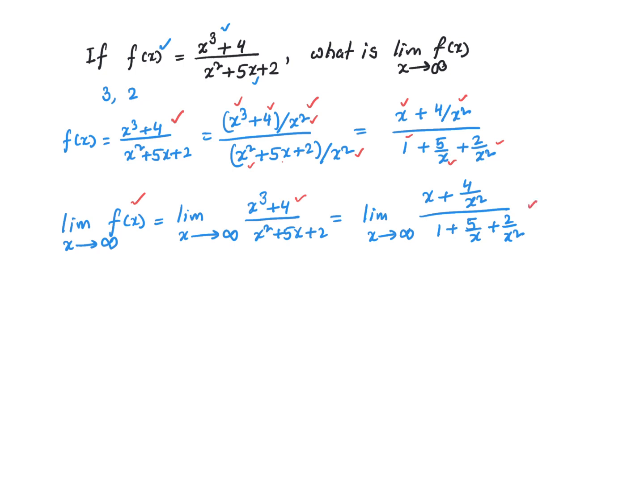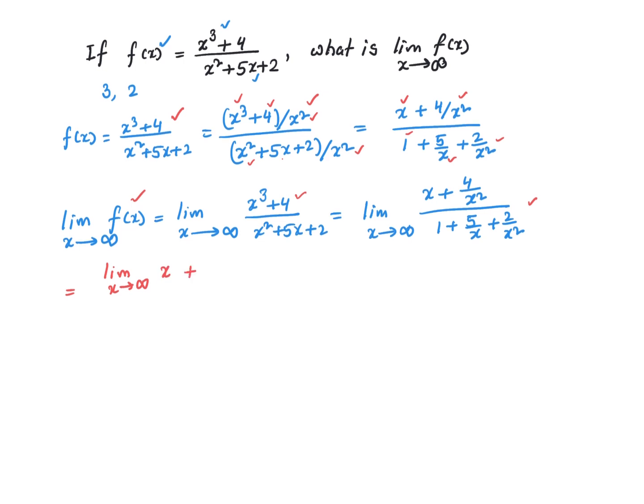Now we can apply the quotient rule and rewrite it as the limit as x approaches infinity of x plus 4 over x squared. Now I'm going to keep a little space here and insert another limit as x approaches infinity. Using the quotient rule, I can apply the limit of the numerator and the limit of the denominator.